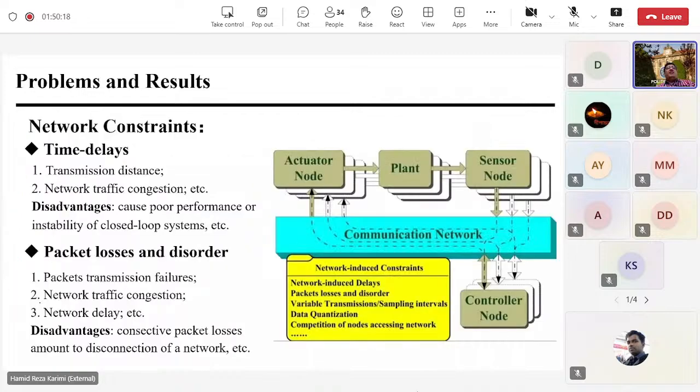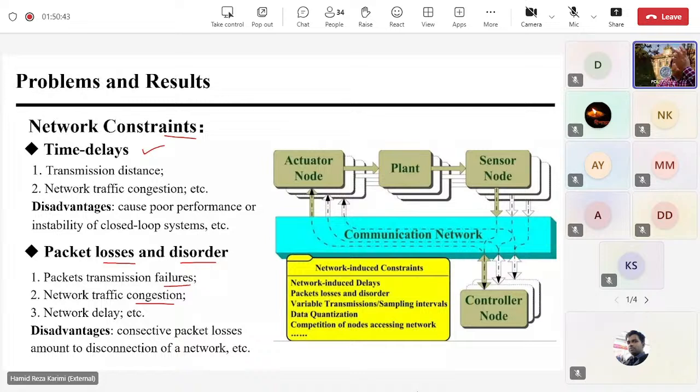Okay, so one thing I also want to tell you about is network control in the context of CPS. We talk about time delay as a network constraint. We talk about packet loss and packet disorder. It means that if there is some network traffic congestion or packet transmission failures, there is network delay.